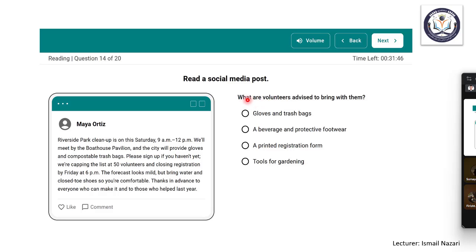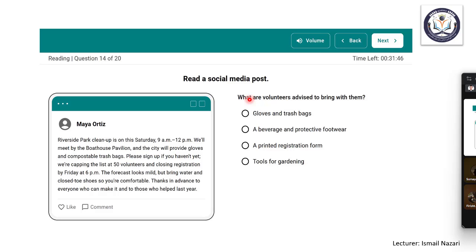So we have to consider: does it ask what, why, when, where? They are different. If it is when, it asks about the time. If it is what, it asks about an object or an event or a situation.